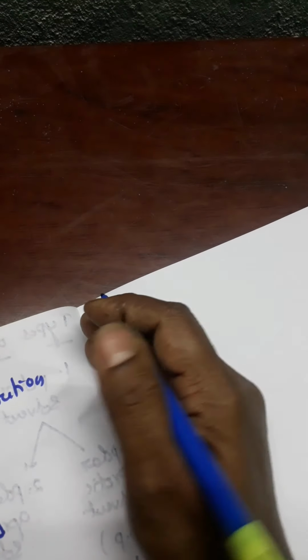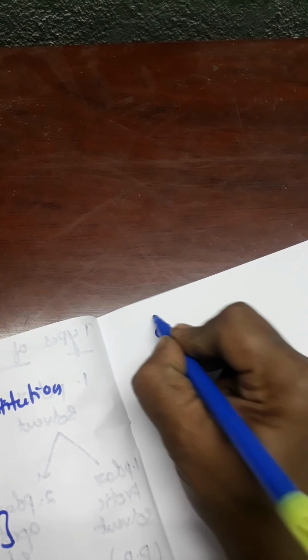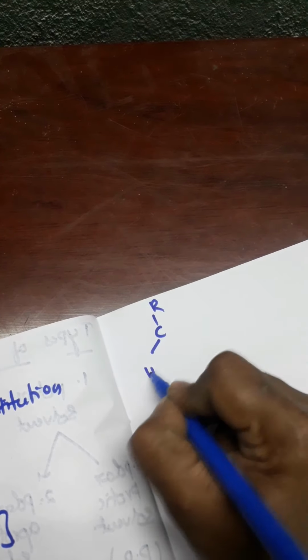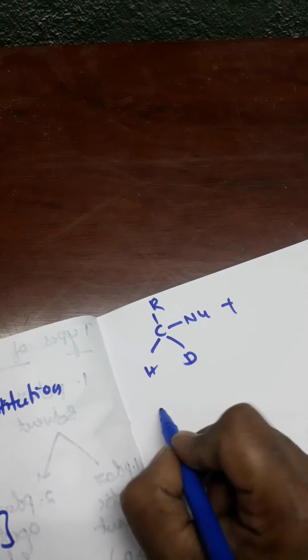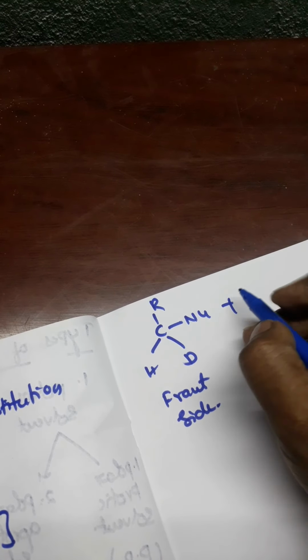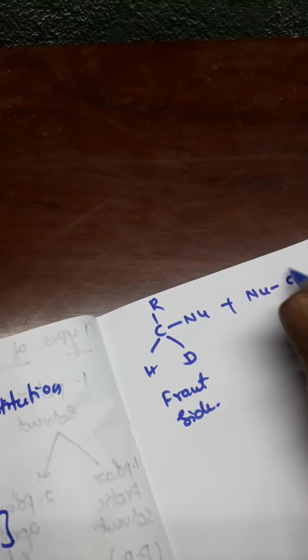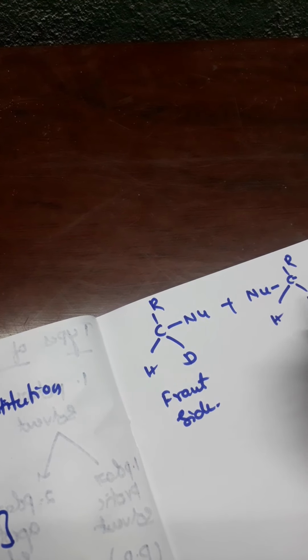If it attacks the front side, it is R, H, D, Nu. Suppose if it attacks the back side, the shape is just like this, H, D. Okay, this is the back side.